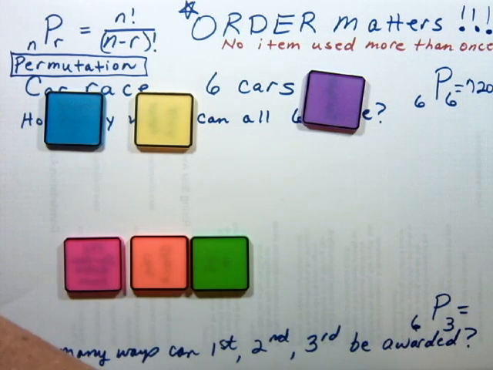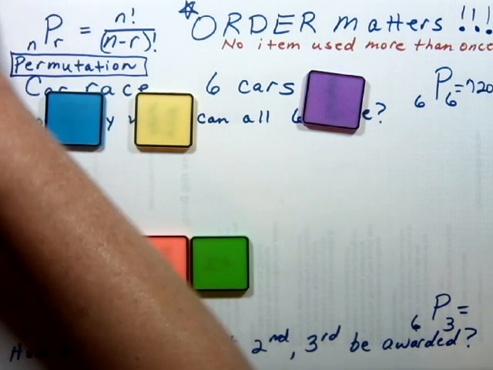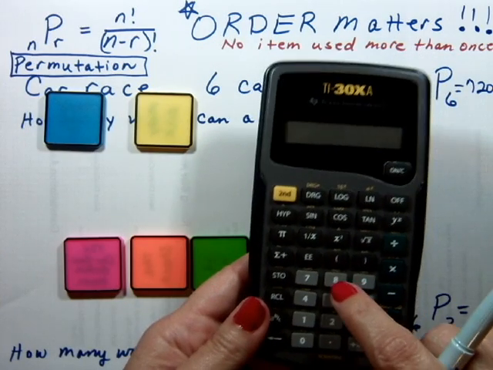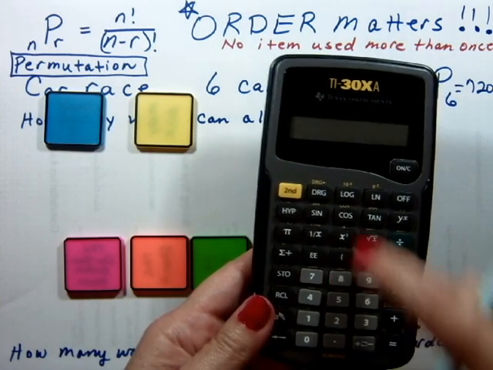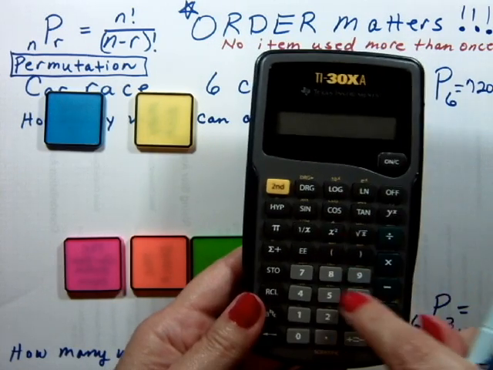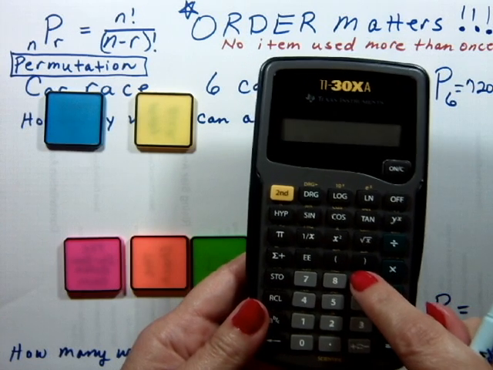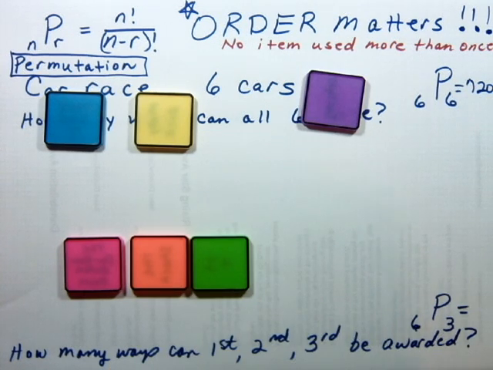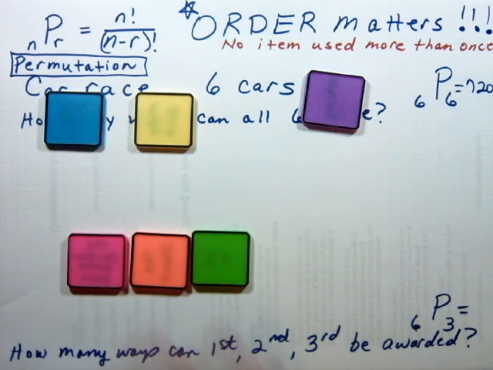Or you'll find the permutation key above something, so I would say 6, hit second, find my permutation key, hit it, then say 3 and hit enter. If you need help with doing this, Google your calculator or take your calculator to one of the tutors, and they would be happy to help you with that. Okay. So when I do this, I will get 120.